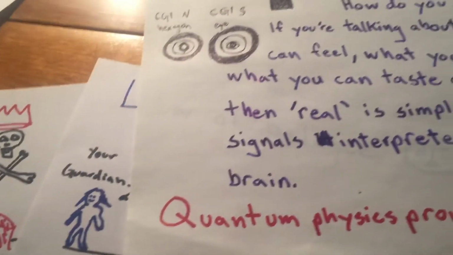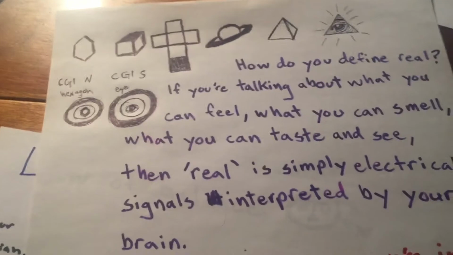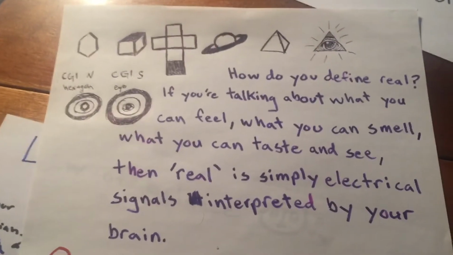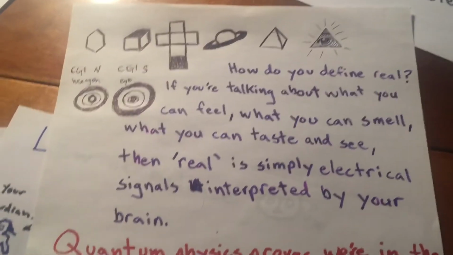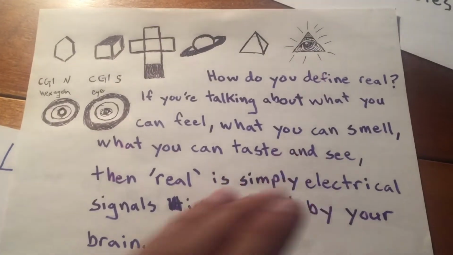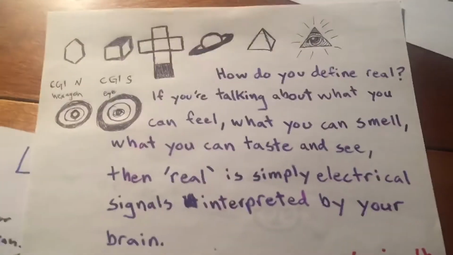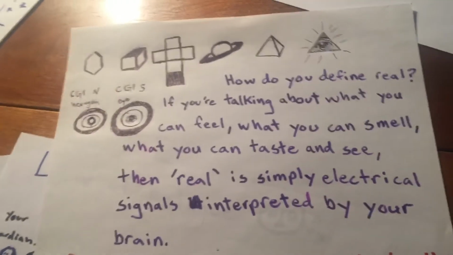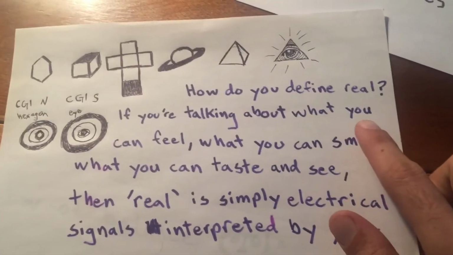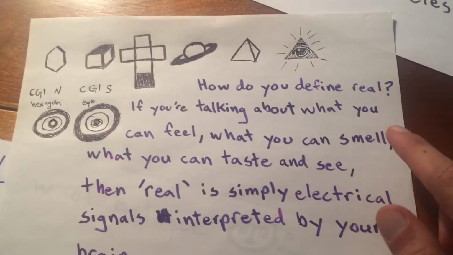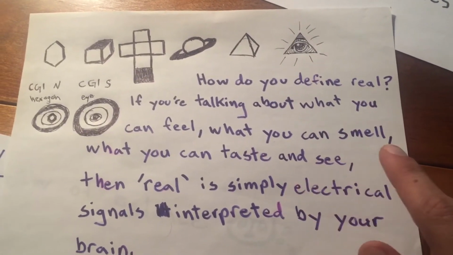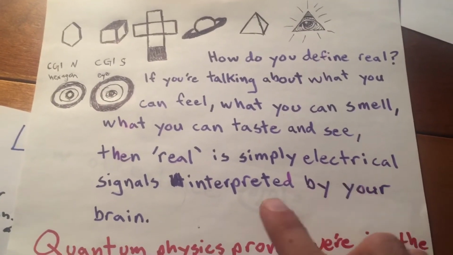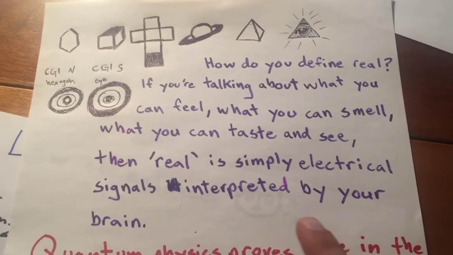Okay. So in the Matrix, Morpheus, they're in the construct, and basically Morpheus is talking to Neo. Neo is an anagram for one. "How do you define real? If you're talking about what you can feel, what you can smell, what you can taste and see, then real is simply electrical signals interpreted by your brain."